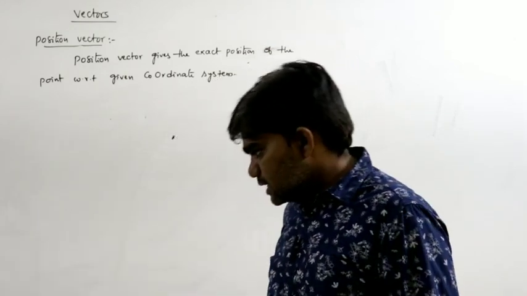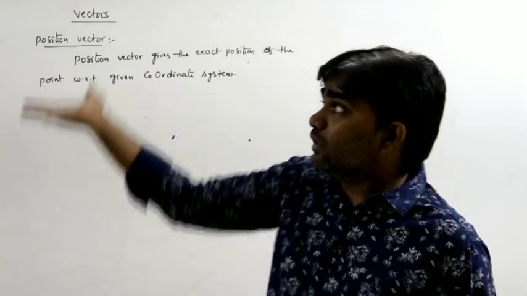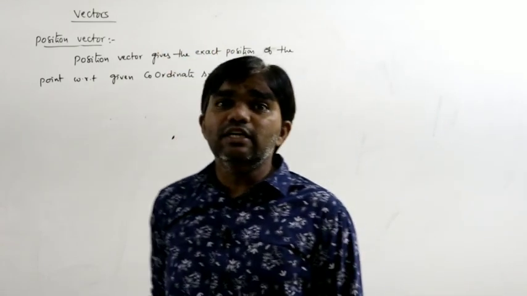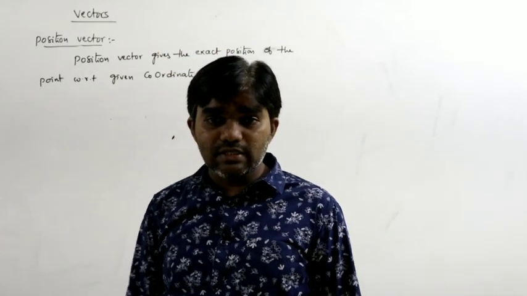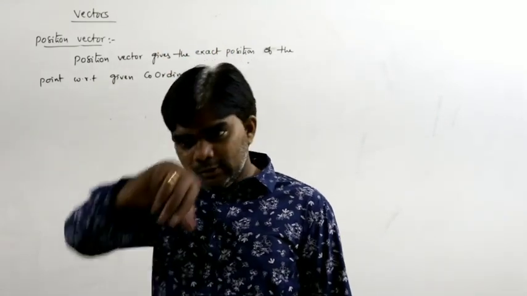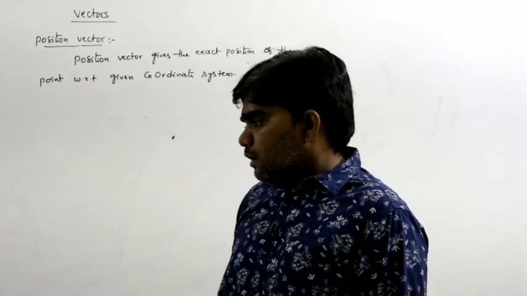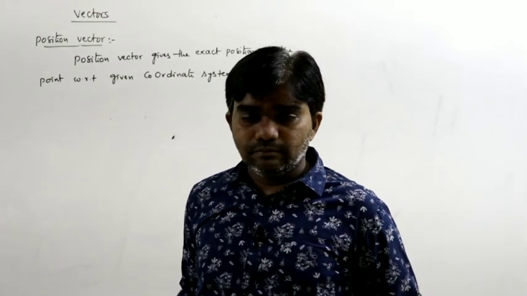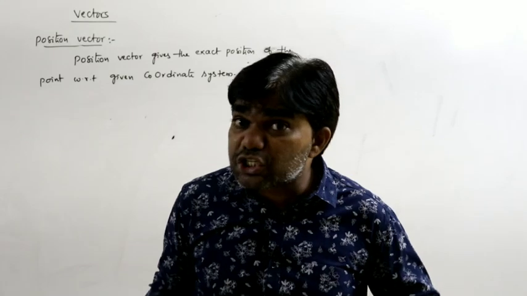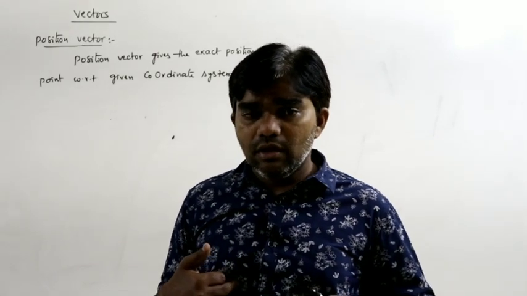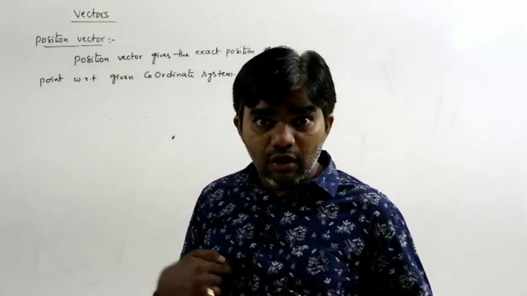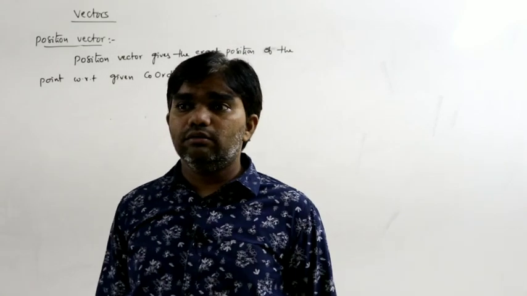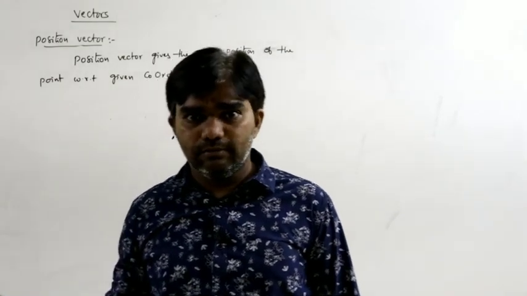This is the x axis and that is the y axis, and vertically upward is the z axis. Now I am standing here, and we have to find my location with respect to the corner or origin.